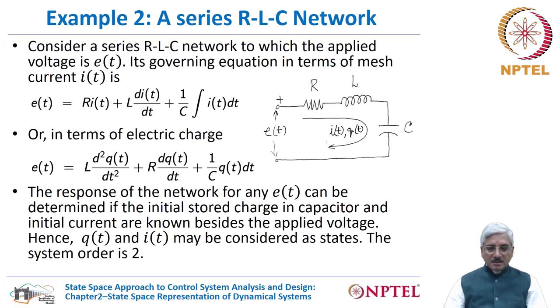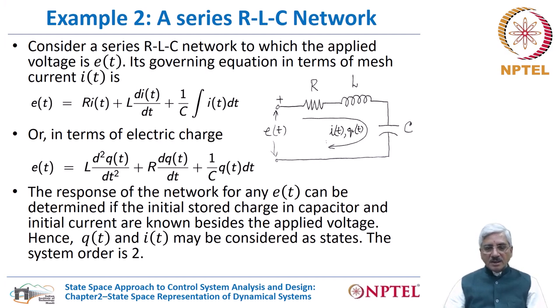Now, you can see that the knowledge of dq/dt at t equal to t0 and q(t), that means electric charge and the rate of change of electric charge at t equal to t0, if these two are known in the circuit, then one will be able to solve for the values of q(t) with time.